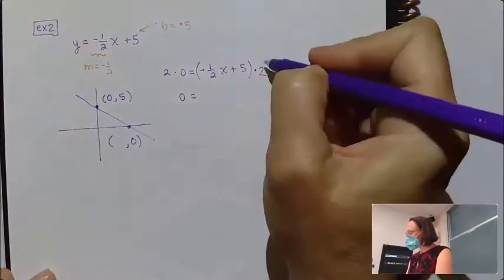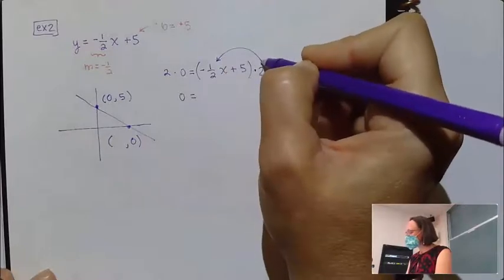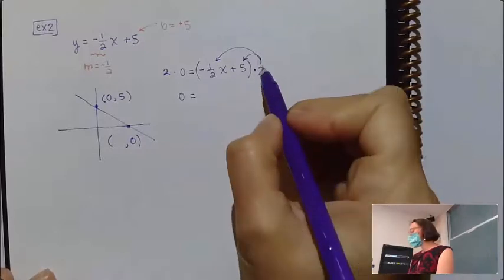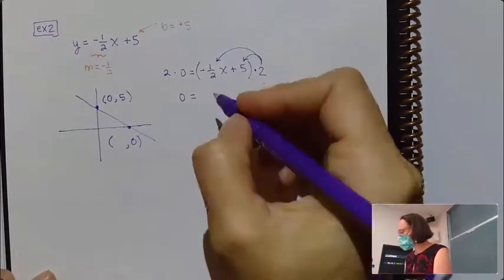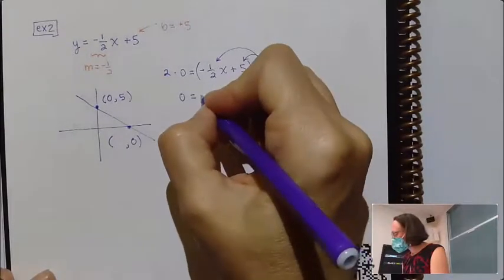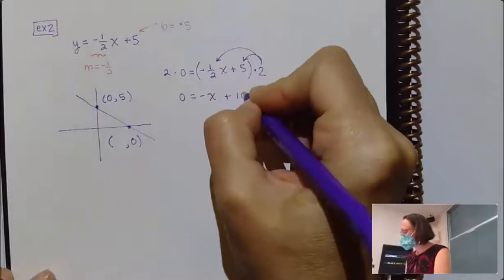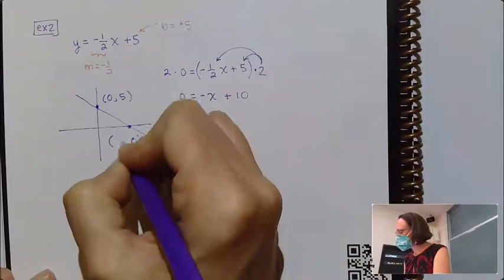And over here, I'm distributing that 2 to the -1/2 x and also to the 5. 2 times -1/2 is going to leave me with a -1. So I've got -1x and then plus 10. Or if I add the x over, x is equal to 10.